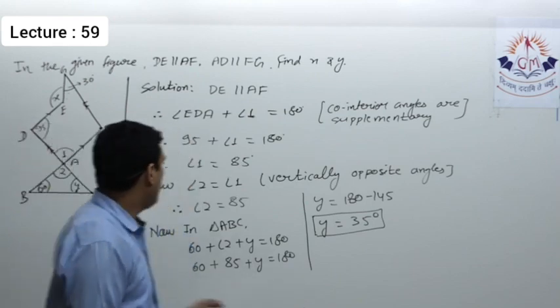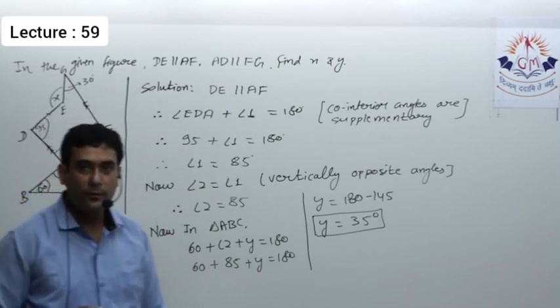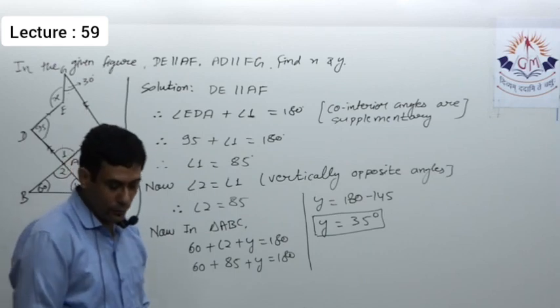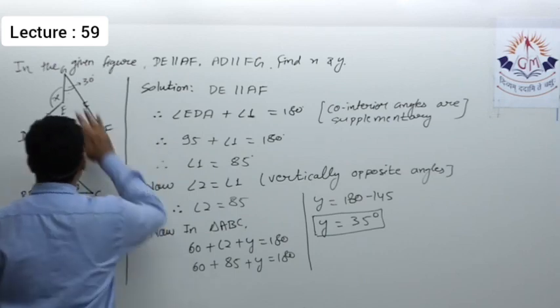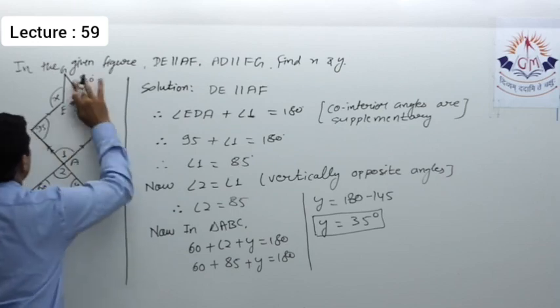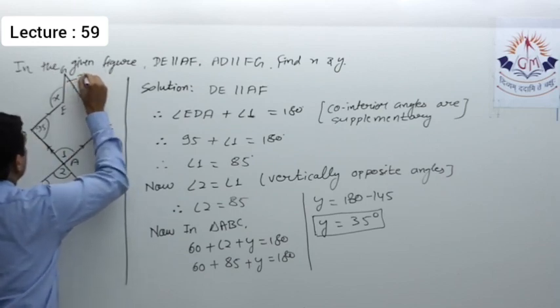Okay, now how to find x, I am going to give you a small explanation, and the remaining part you have to do at your home. I will just give you a small explanation of how you have to obtain the measure of angle x. This angle is 30, it is given.